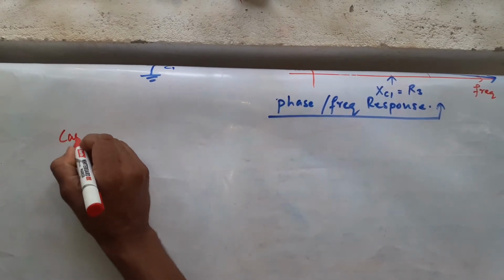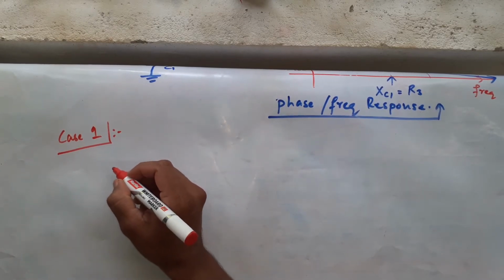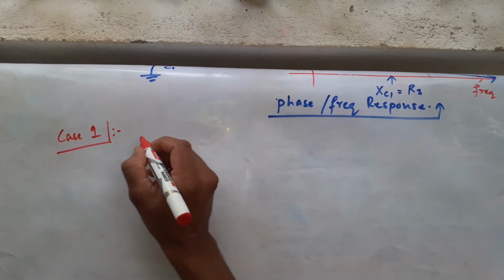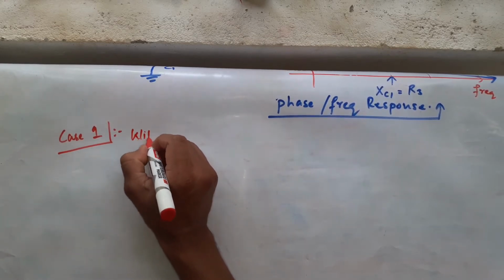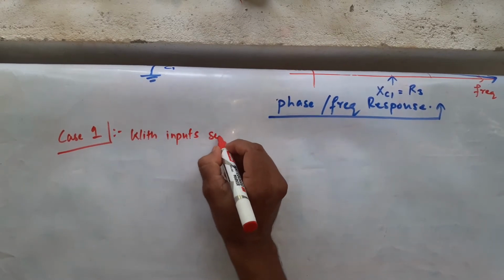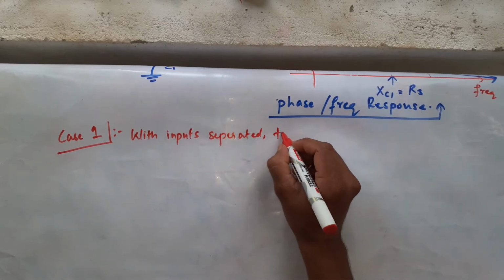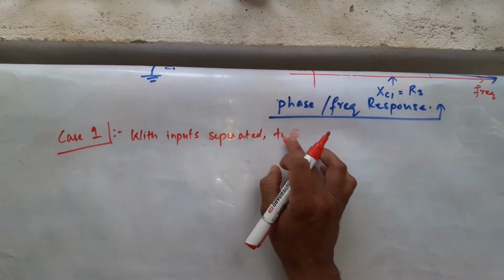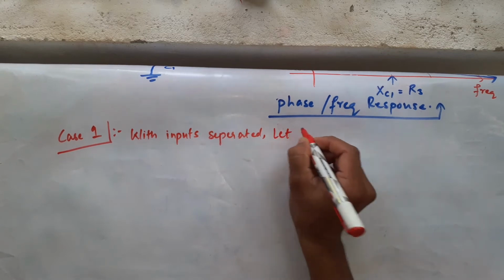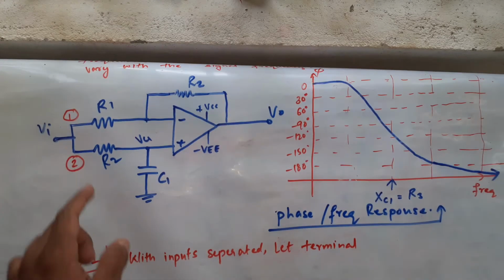Case 1. In case 1, I can write with input separated. We have terminal 1 and 2 here.